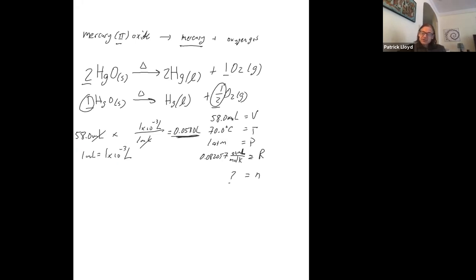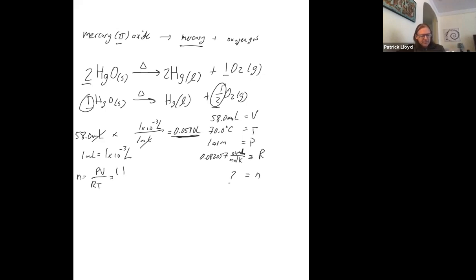Temperature, you've got to add the 273.15. So 273.15 plus 70 is 343.15, okay? Just like the previous problem, n is PV over RT, and now we have the right units.